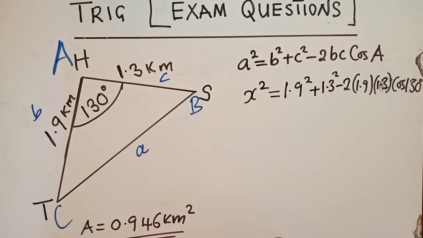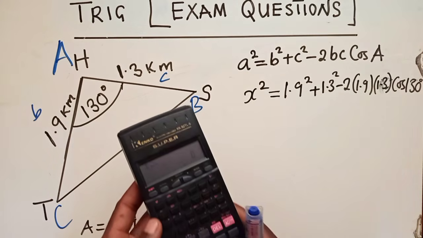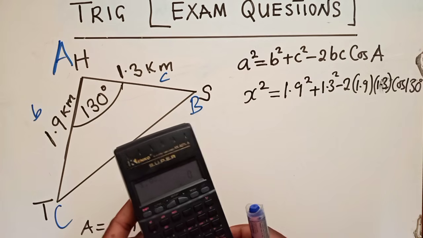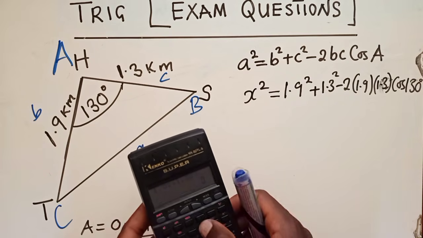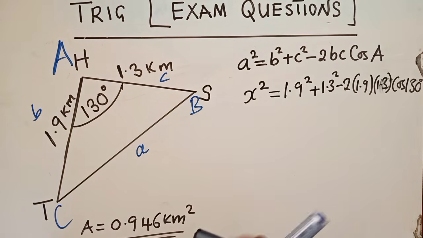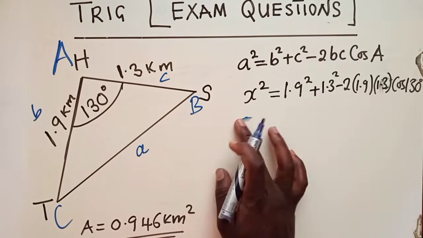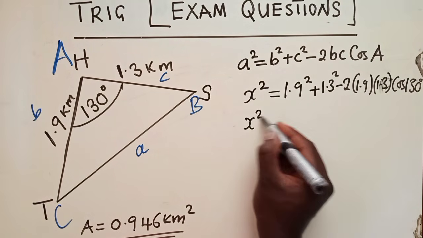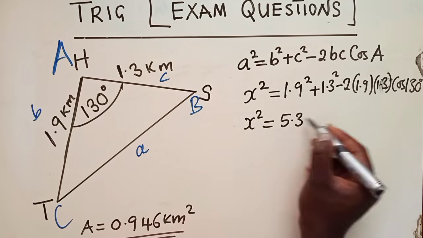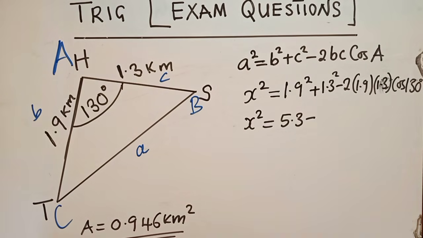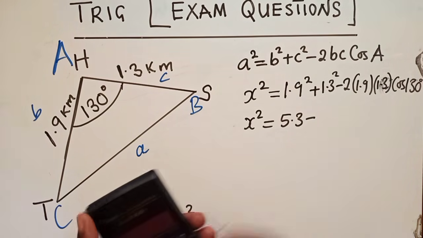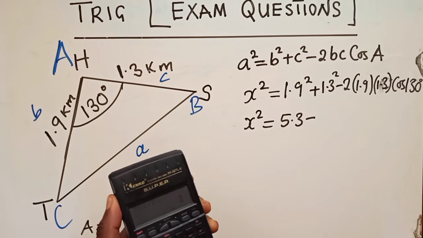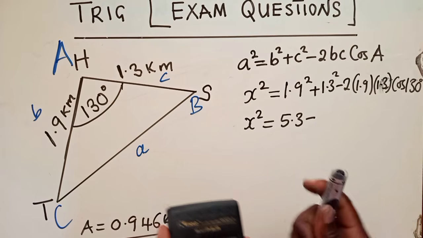So when we work out things, we punch on our calculator 1.9 squared plus 1.3 squared. We're getting 5.3. So x squared is equal to 5.3 minus, when we punch right here, 2 times 1.9 times 1.3. What am I getting?